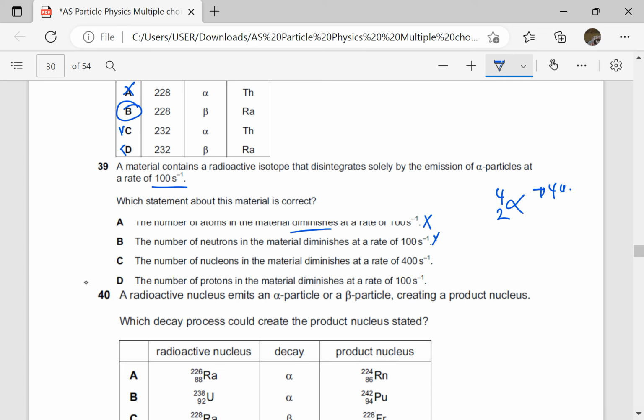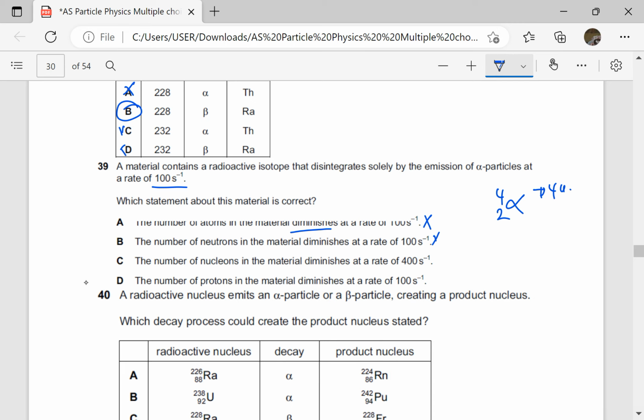The number of neutrons in the material diminishes at a rate of 100 per second. That's also not true because it disintegrates by emission of alpha particles, so the number of neutrons cannot be diminishing at a rate of 100 every second.